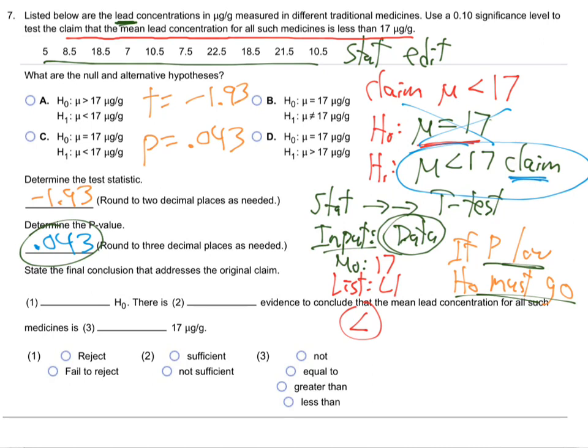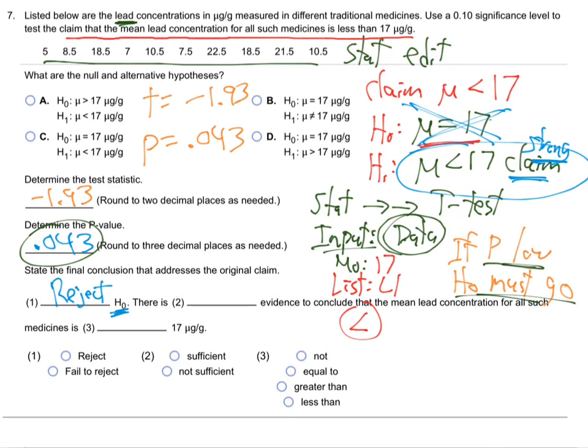Is there strong or weak evidence? Strong, because H1 is always strong, whether the claim's there or not. So what do we do with H0? We rejected the null.